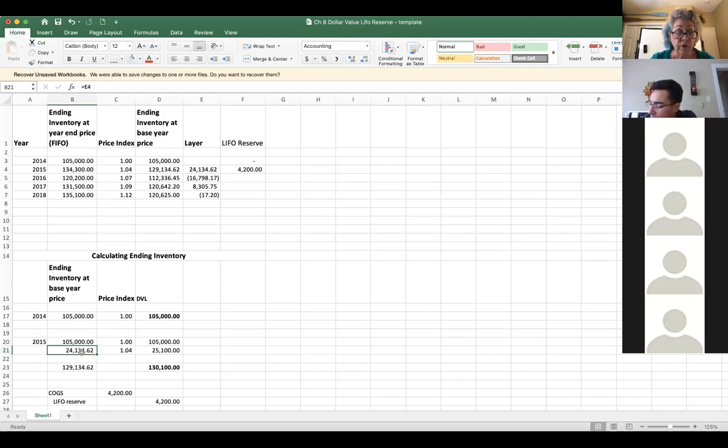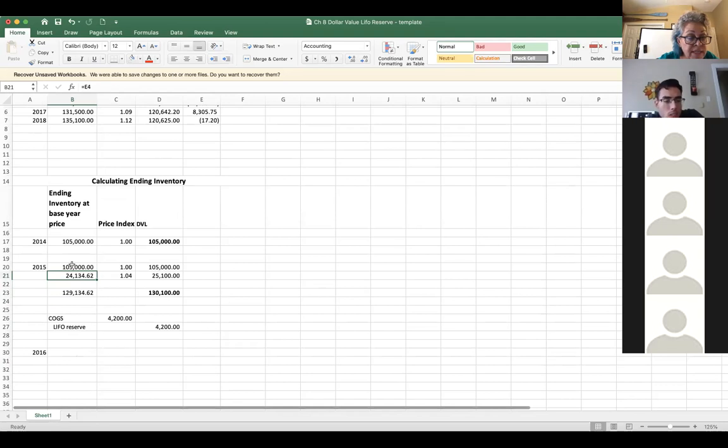The 24, good. So the last one in, just like we did on LIFO perpetual, remember that June 27th sale came from the June 20th purchase. So the last layer in is the one that is going to be liquidated.